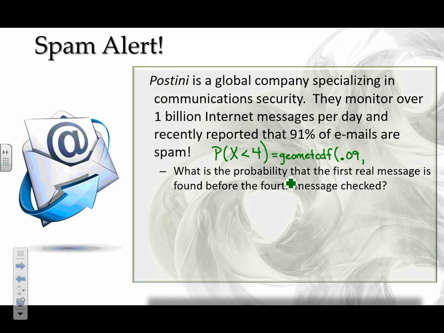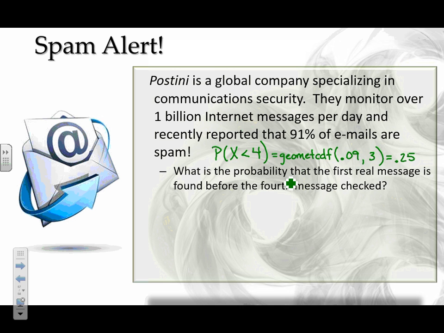At 3. Okay, so be very careful, especially when you go to do these CDF problems. You need to make sure you're cutting yourself off at the correct spot. So we're going to cut ourselves off at 3. And when we hit enter there, 0.25. So there's about a 25% chance that we'll find a real message within the first 3.